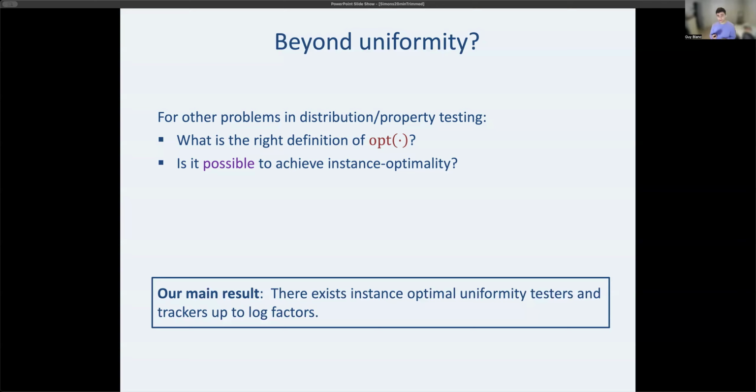And for some problems, even when you have a notion of opt that seems very reasonable, it might not be possible to achieve it. There's other work that's not exactly stated in this way, but does imply some regions where what I would assume was a reasonable definition is still not achievable unless you lose poly factors rather than log factors. So I think there's still a lot to explore in this setting.